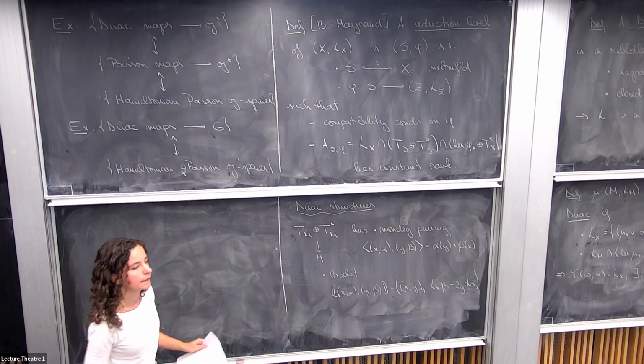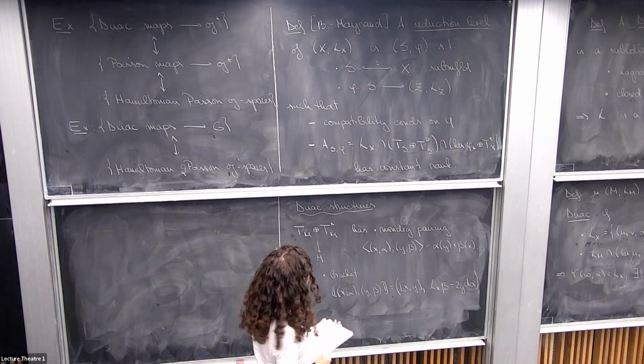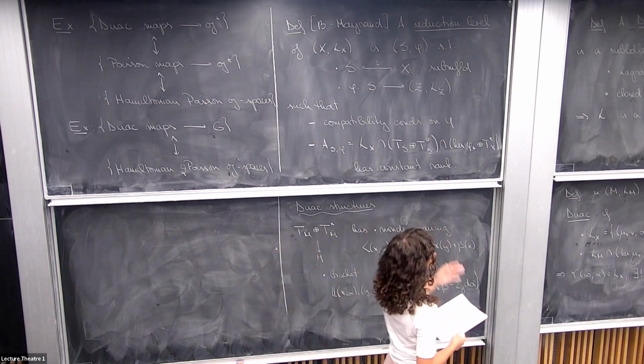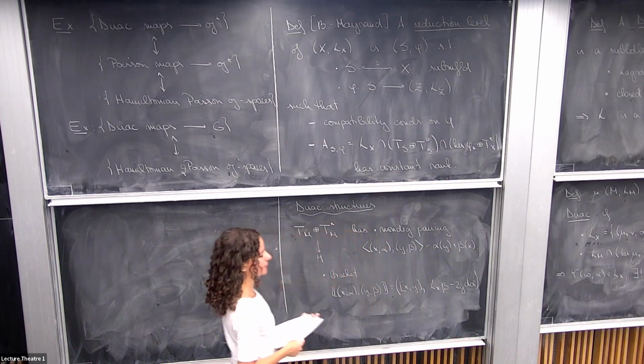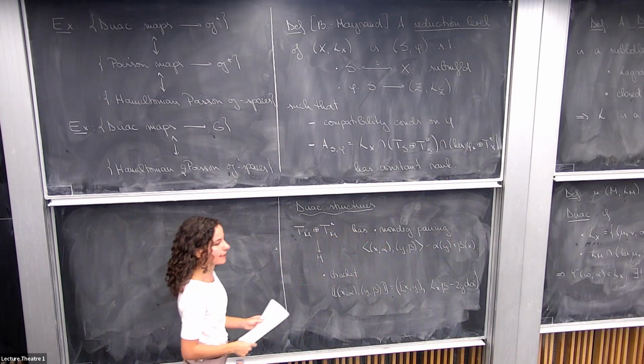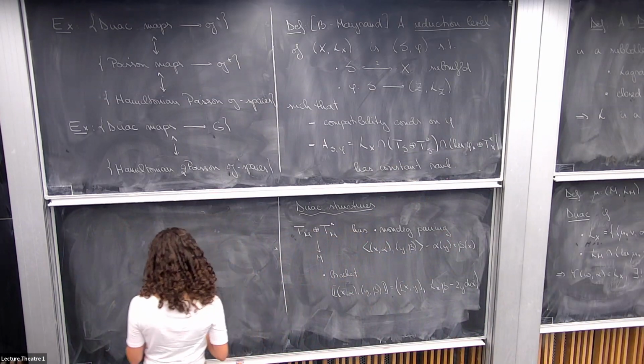Phi in particular is regular? What do you mean by regular? Yeah, it has a constant rank. Yes. So this is not a real definition. It's just a hand-wavy definition to give an idea of what happens.